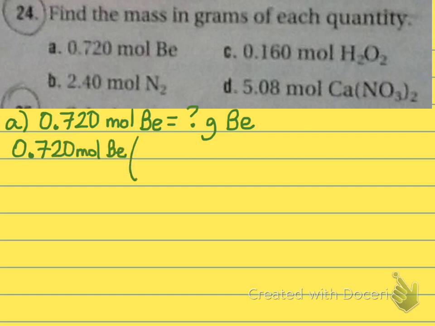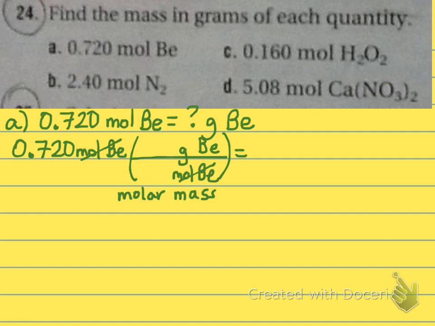Because moles are in the numerator, I have to put moles of beryllium on the bottom, and I'm going to put grams of beryllium on the top. The name of this conversion factor is molar mass. And again, we can see that we're going to be in the right units because we're in grams of beryllium.